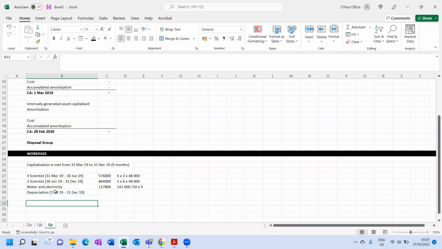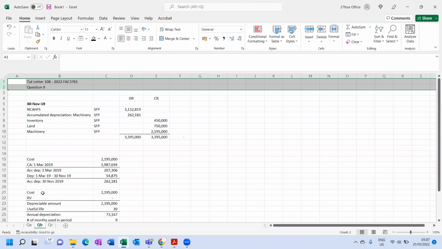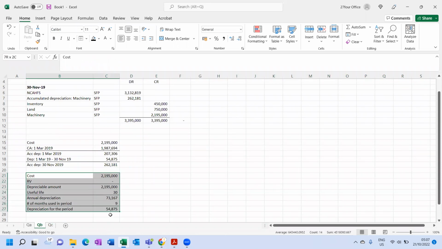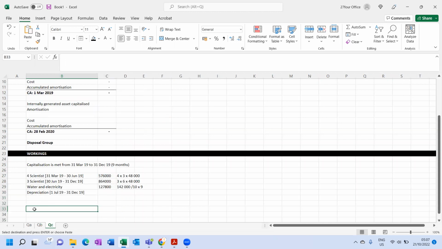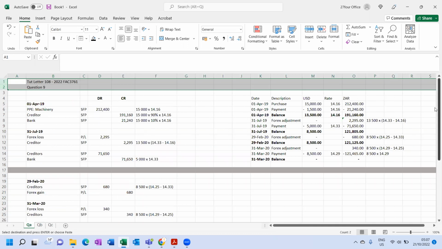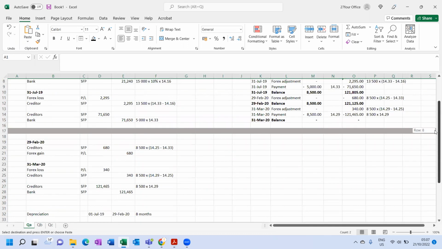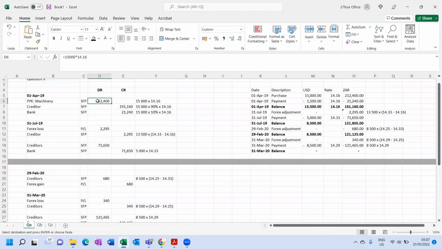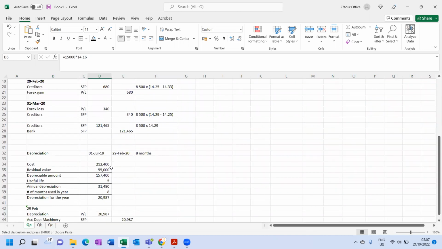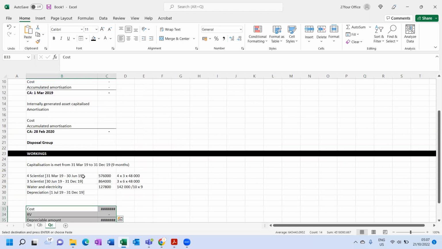So let's have a look at what would happen over here. Let's work out the depreciation. I'm going to use that formula. So remember from QA, the cost of the asset was that, and the residual value was 55,000 Rand.